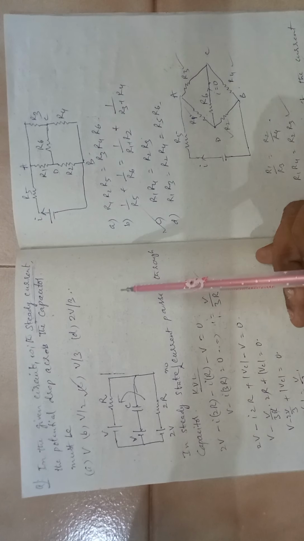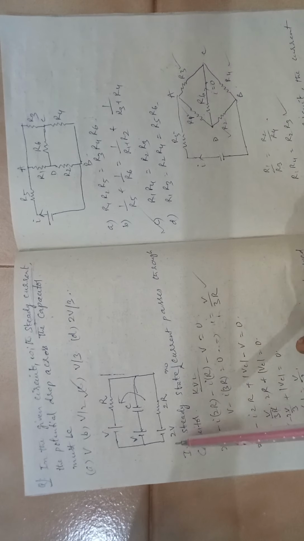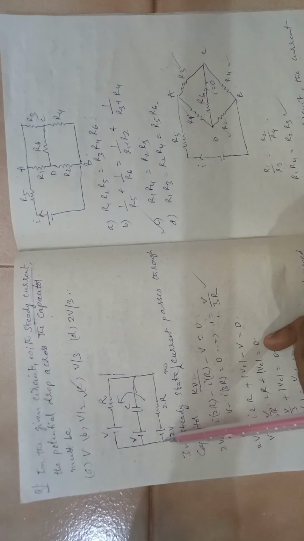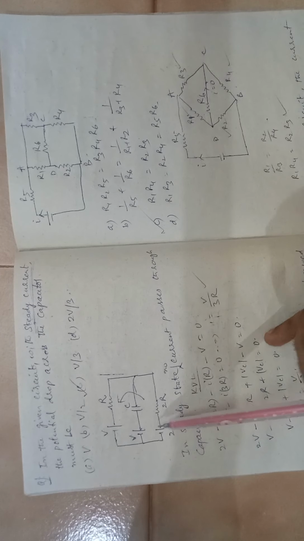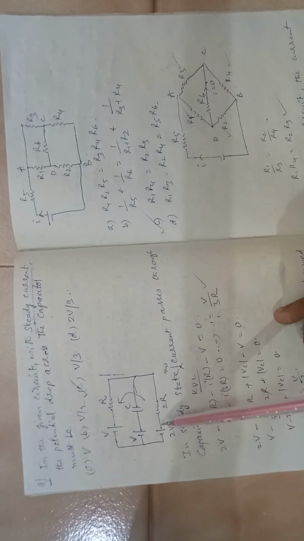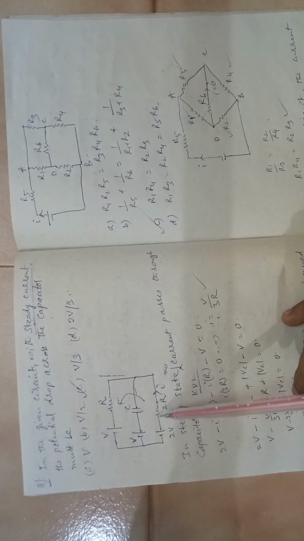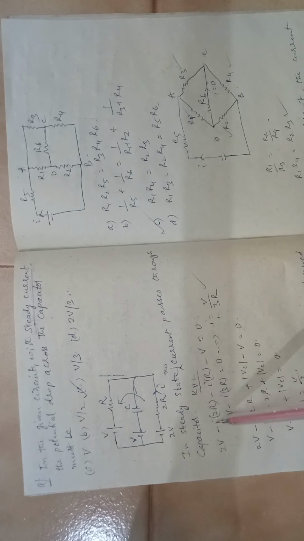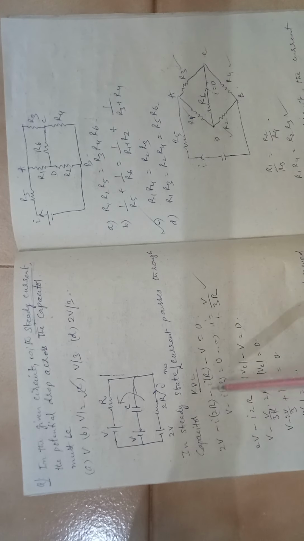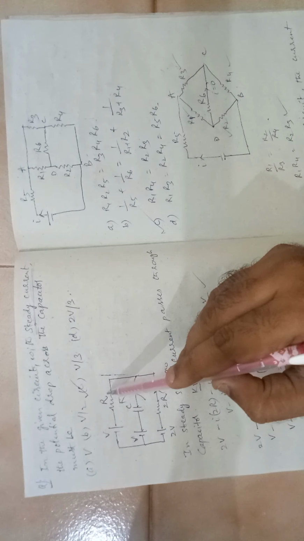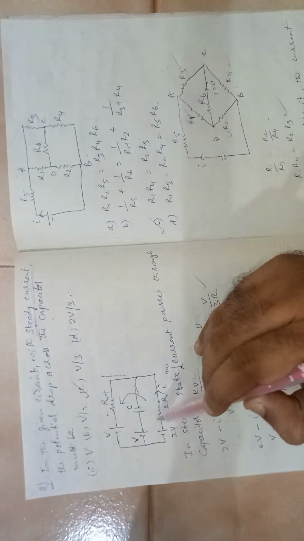So you can apply Kirchhoff rule, KVL. It is a closed loop. You can start from this point. It's a potential rise, 2V, minus, let us say current I is passing through. So there will be a potential drop across the resistor, minus I into 2R. Minus, here also there will be a potential drop.